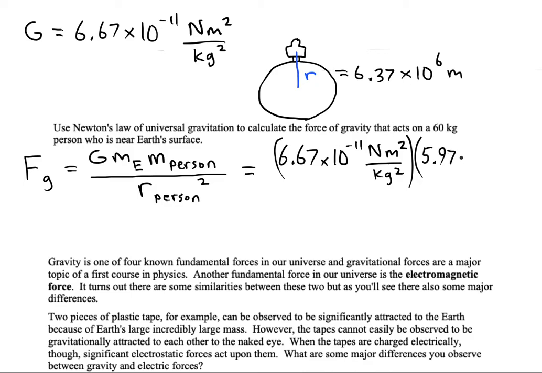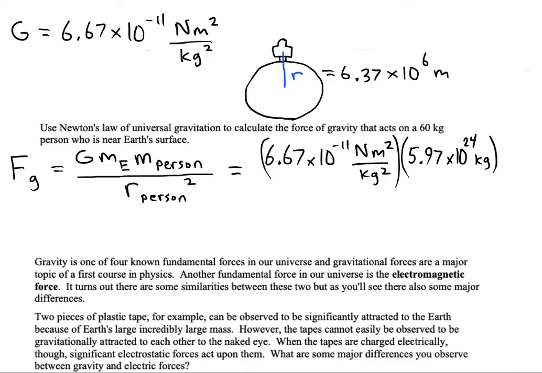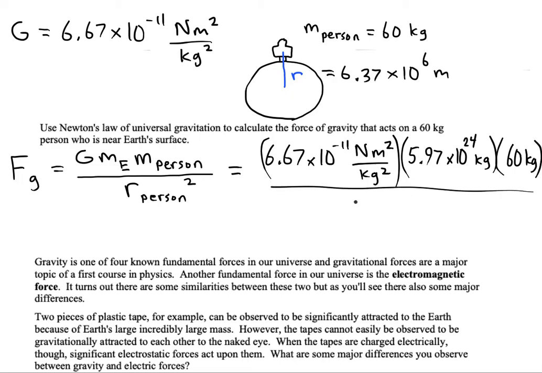Our mass of Earth is 5.97 times 10 to the 24 kilograms. The mass of the person is 60 kilograms. And now we'll divide by our radius.